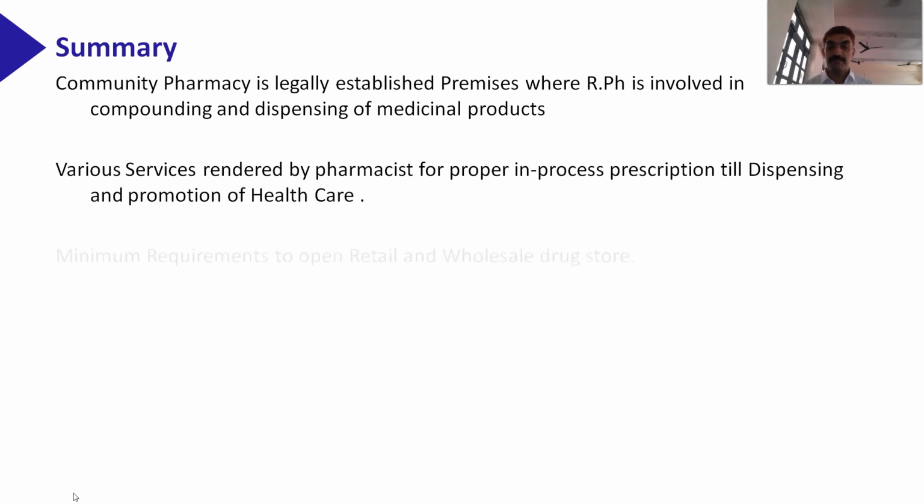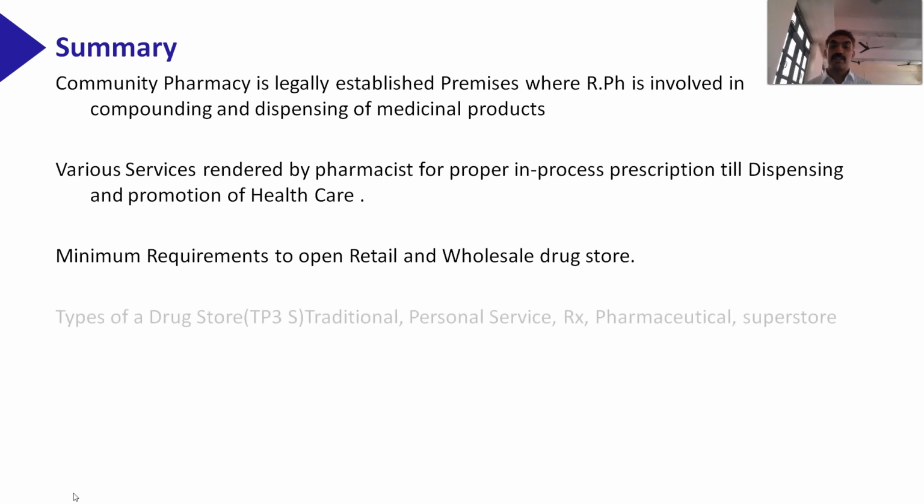We have seen the minimum requirements to open retail and wholesale drug stores, what all the licenses, whether the Schedule N categories or the minimum space required, and we have tried to understand them in detail. We have seen various types of drug stores, whether the traditional personal service, medication, prescription-oriented, pharmaceutical, or super drug stores. Mainly it can be classified into 5 types.